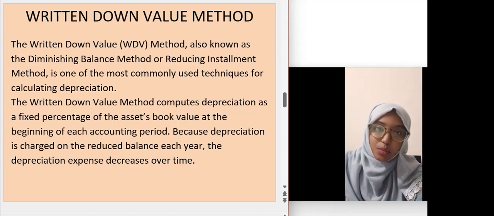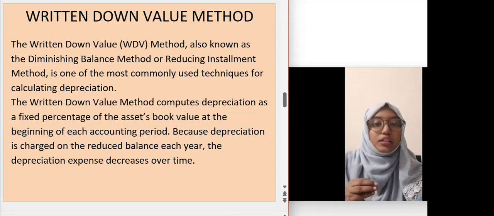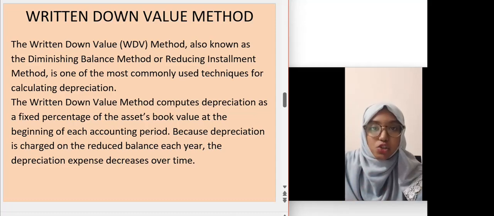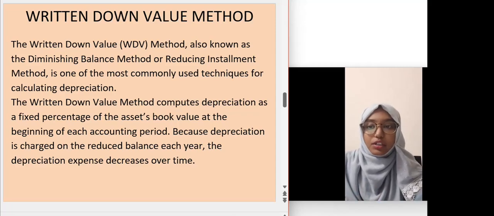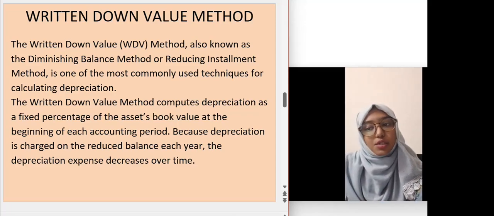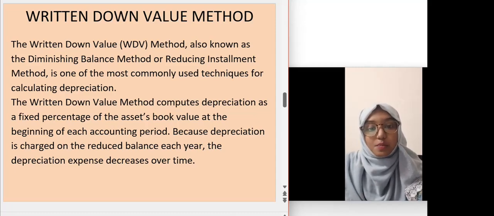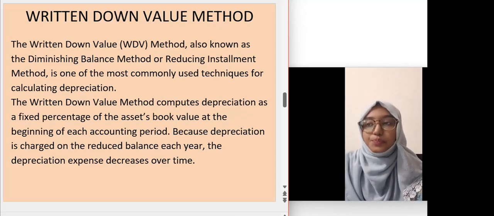Here the percentage remains the same, but the value of depreciation changes every year based on the asset value at the beginning of every year. Because depreciation is charged on the reduced balance each year, the depreciation expense decreases over the years. Every year the depreciation value will be different, not fixed, because it is calculated on the depreciated asset value of every year.